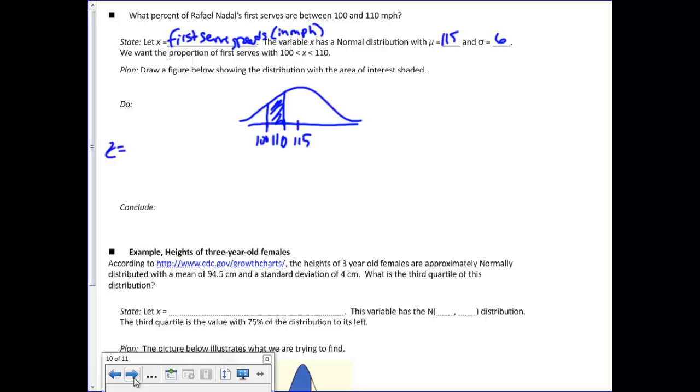So for my z-score, we have x. If I start with my 100, your x minus your mean, divide by standard deviation, and standardize the one for 110 as well. Negative 2.5, yeah. And if x equals 110, minus your mean, divide by standard deviation, 0.83 on this one.